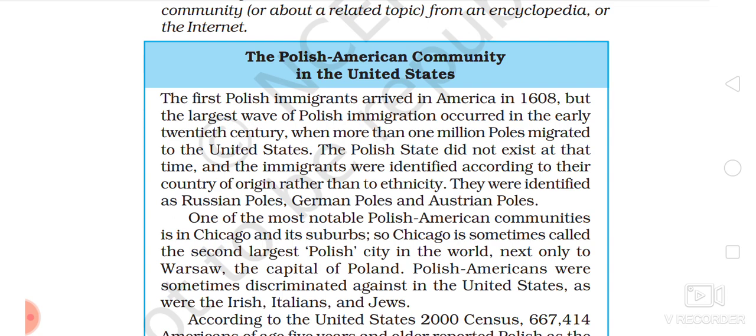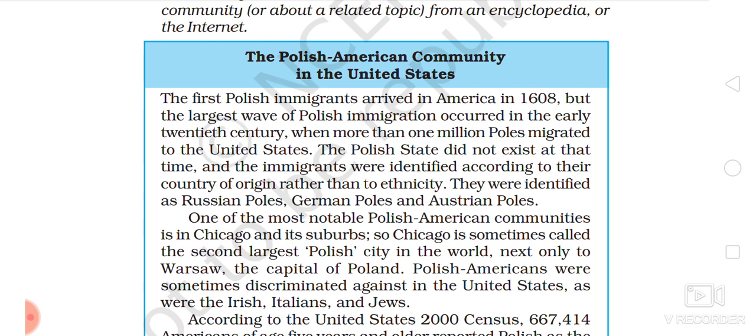The Polish state did not exist at the time, and the immigrants were identified according to their country of origin. They were not identified on the basis of their ethnic groups.